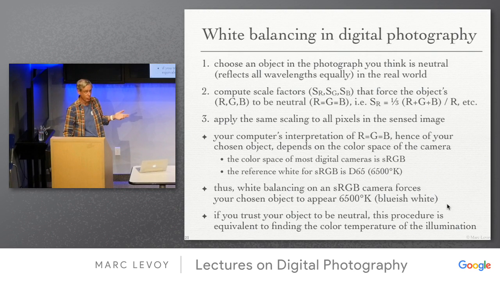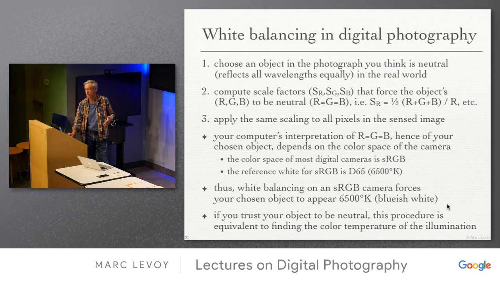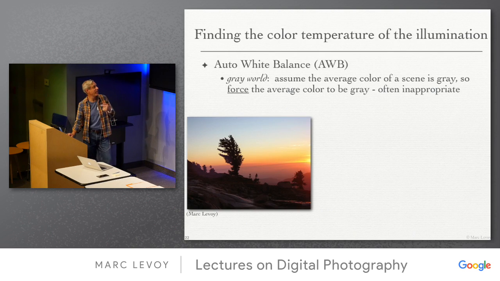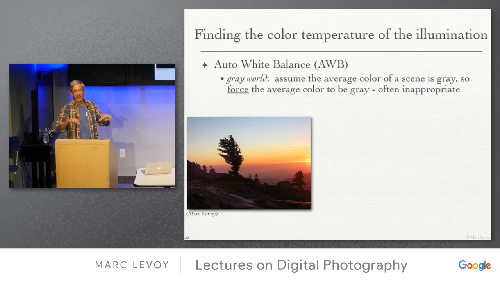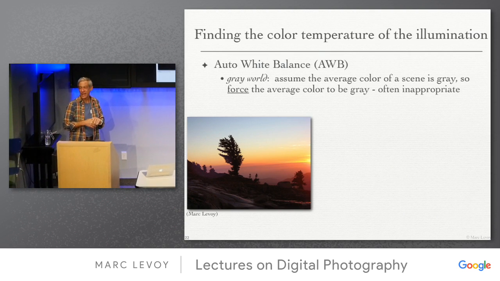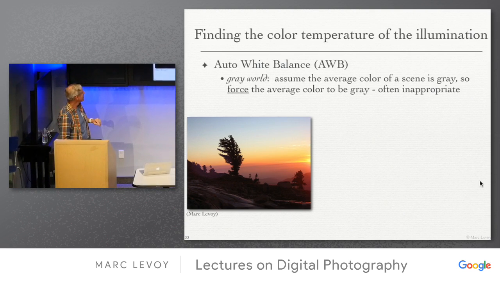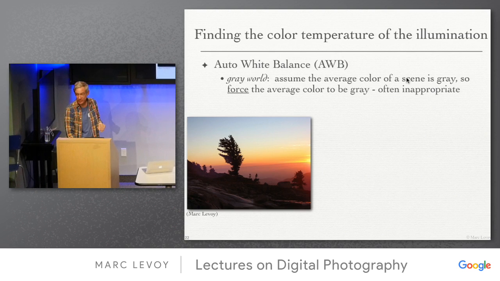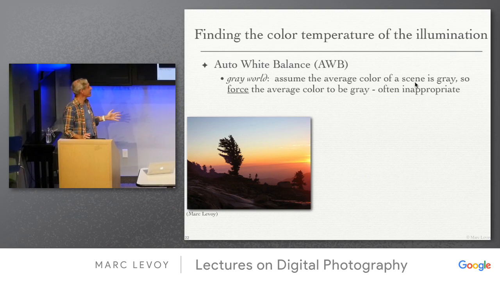How do you find a neutral object in the scene? It's not easy. So here are some possible methods you can imagine. Gray world is kind of the standard first order attempt to solve this, which is you just take the average color of the entire scene, you assume it ought to be gray, and you compute a scale factor from that.